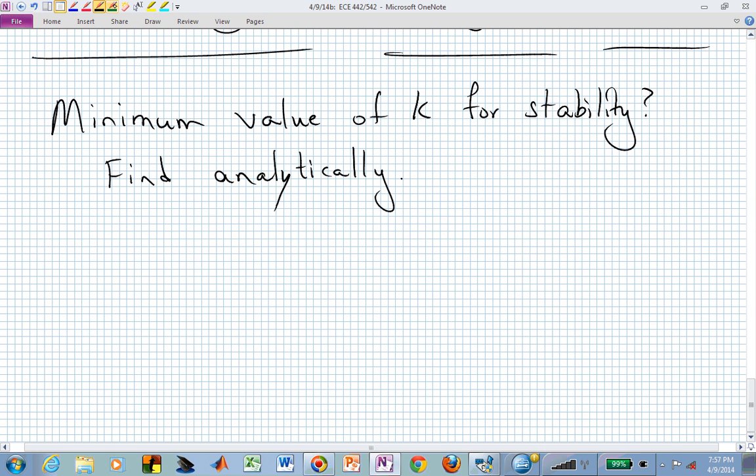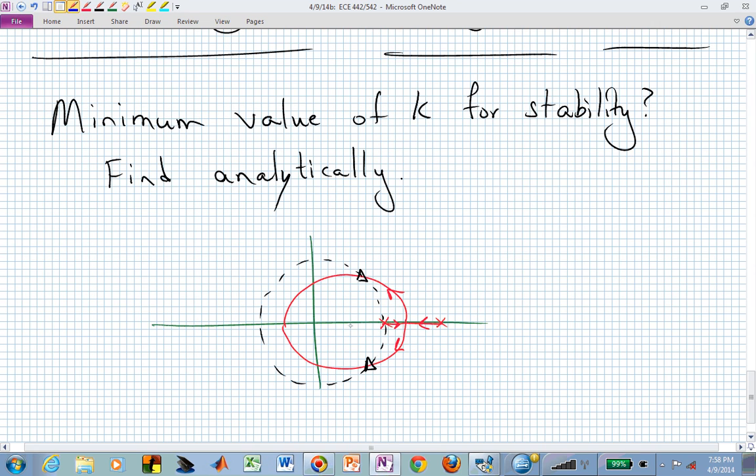Our picture again, just to remind us, we have our root locus breaking away and then re-entering. It's going to correspond to the location associated with those triangles.